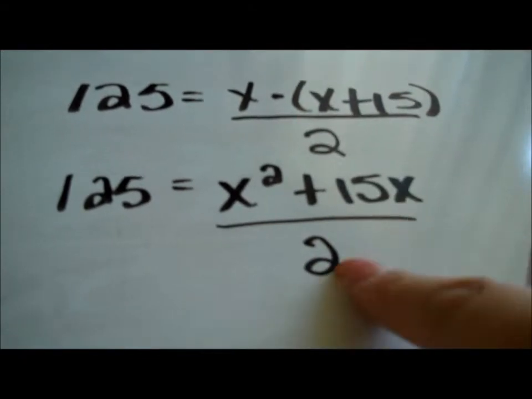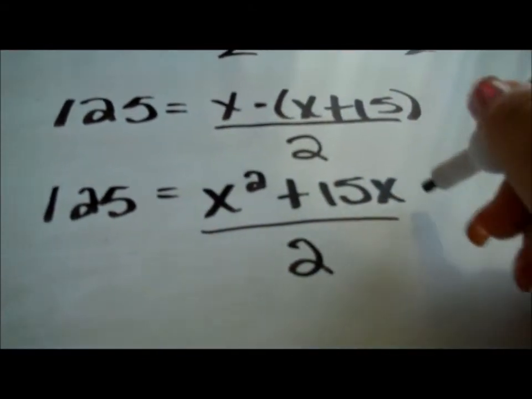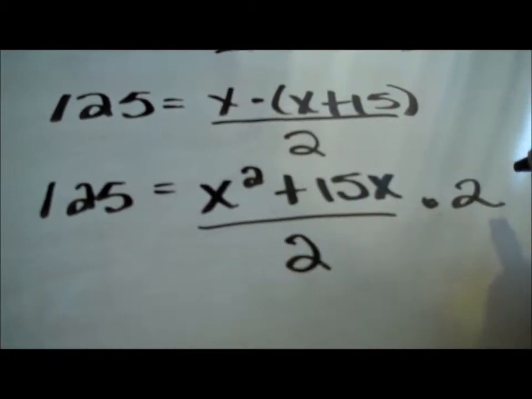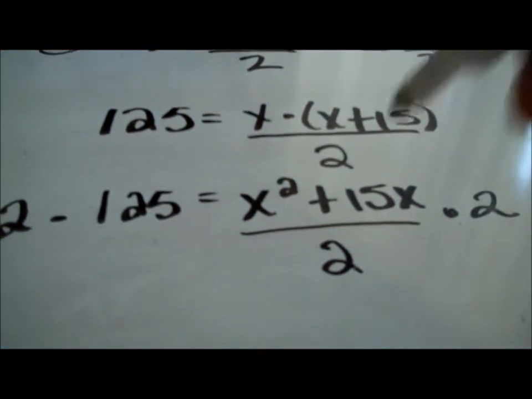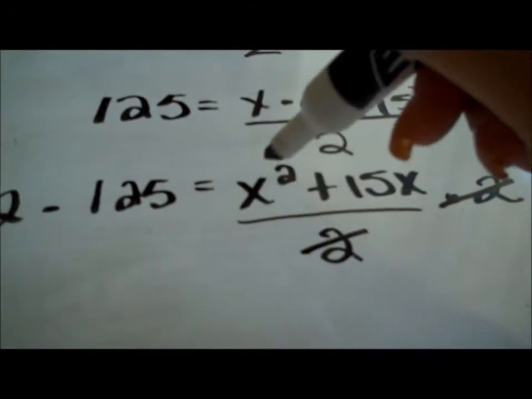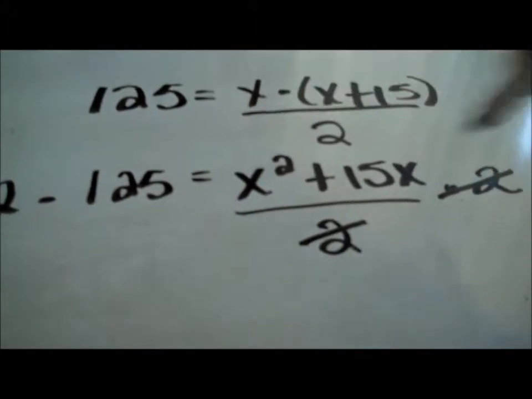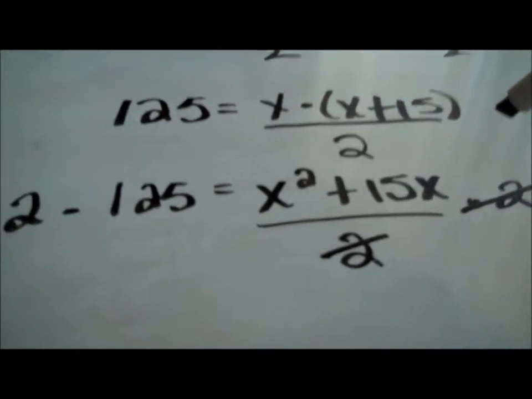It's being divided by 2. This whole numerator is being divided by 2. So to get rid of it, I multiply this side by 2, and I multiply this side by 2. Again, what I do to one side, I do to the other. The 2's here cancel. Do not distribute the 2. If you distribute the 2, you're just making the problem more complicated.